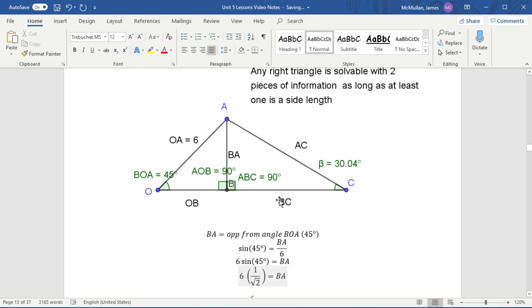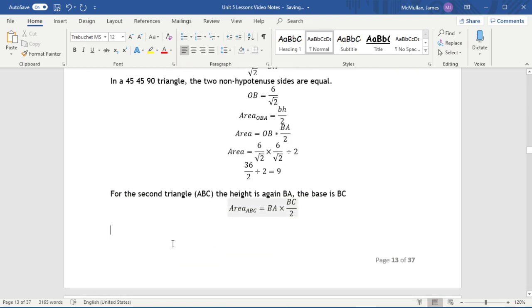So what do I know that could help me get BC? If I look from the perspective of this 30 degrees, the opposite is BA, so let's write this down. From the perspective of the 30 degrees, BA is the opposite, BC is the adjacent.